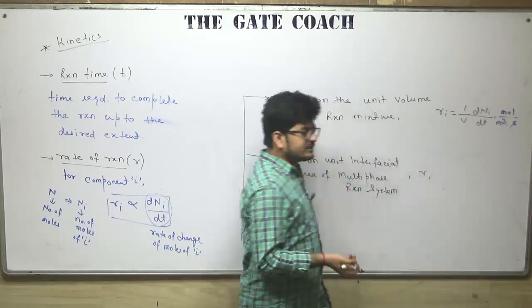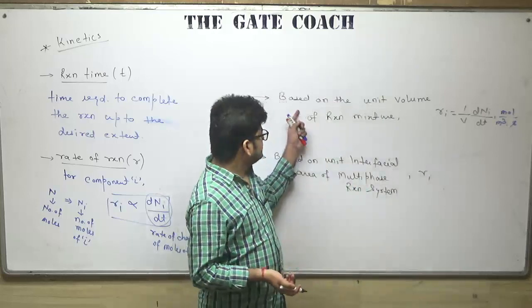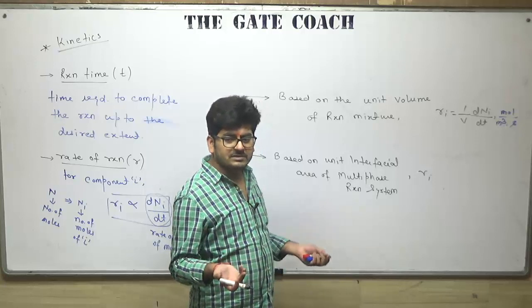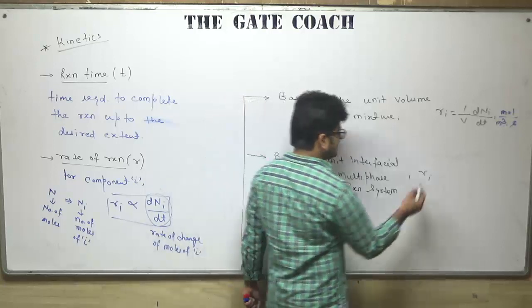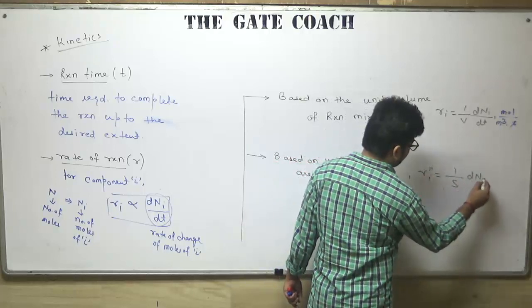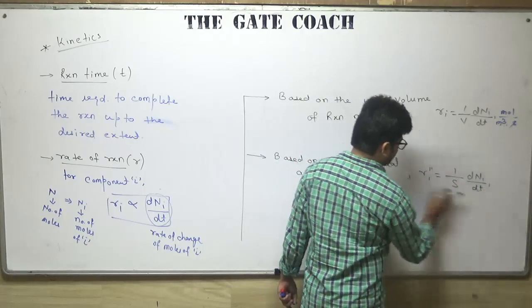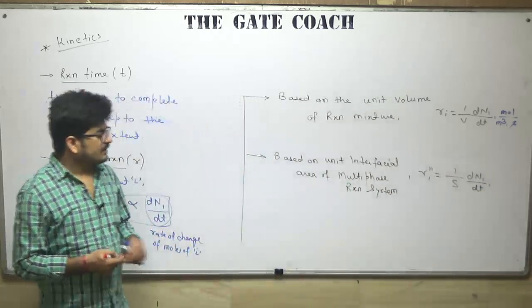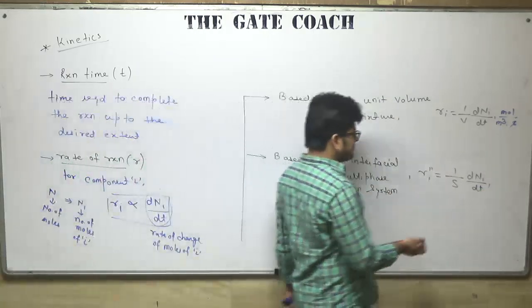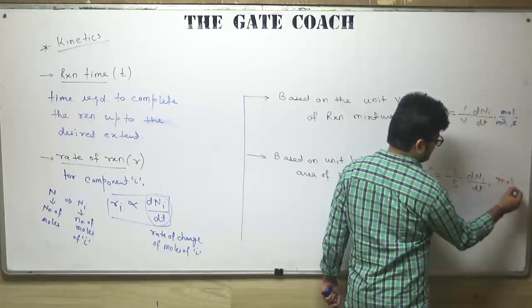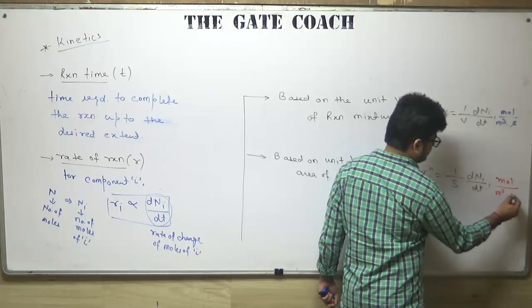Obviously we cannot use the same notation. These are two different bases to define the rate, so we have to use different notations. So let's say Ri double dash, that is 1 over S dNi over dt. And what will be the units? As you can see, moles per meter square per second.